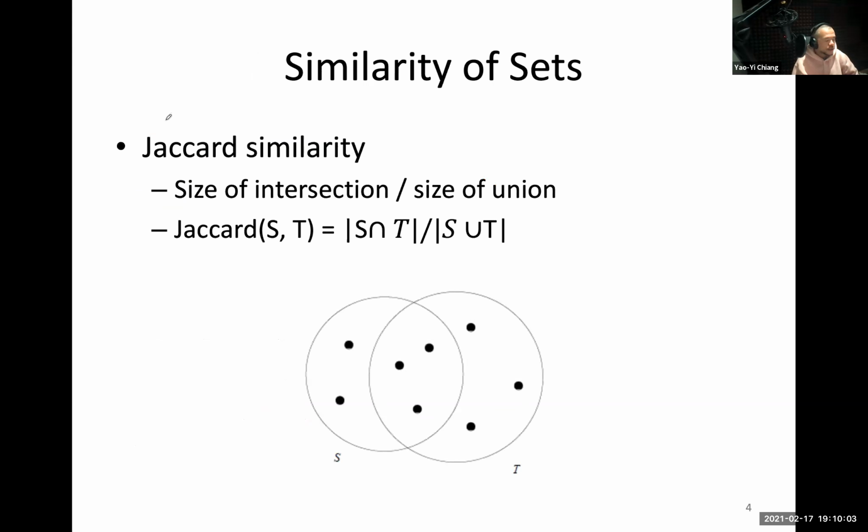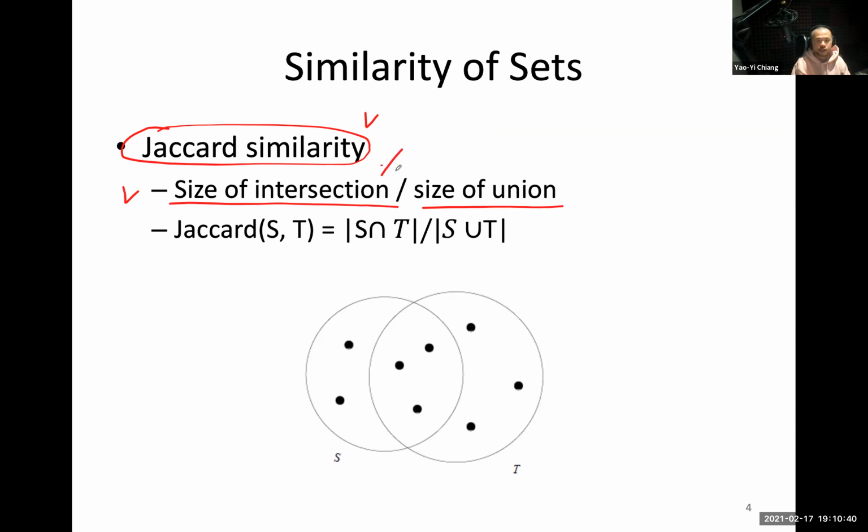What similarity measurement can we use to measure sets? I don't think we have talked about this. This is a very important similarity measure in data mining and in many machine learning applications as well, called Jaccard similarity. You're going to see Jaccard similarity many, many times in this course. The way we compute Jaccard similarity is we calculate the size of the intersection divided by the size of the union. Based on this definition, you know that it works on sets.